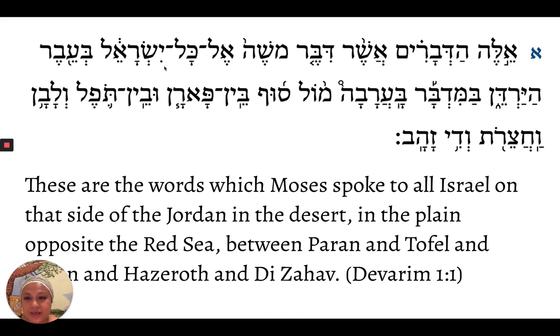And then we have a kamatz. A kaf with a kamatz. So it's a kaf because it has a dagesh. Without the dagesh, it's a chaf. But this one has a dagesh, the dot. So it's a kaf. And the kamatz usually says a in modern Hebrew.